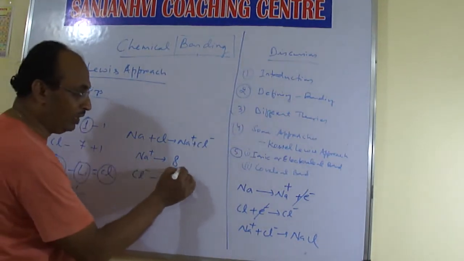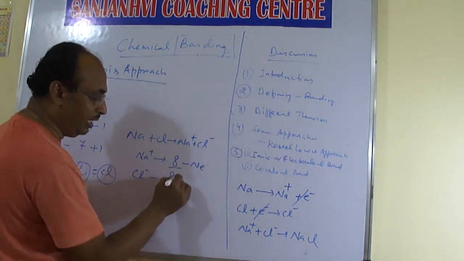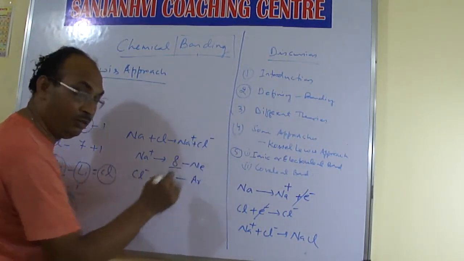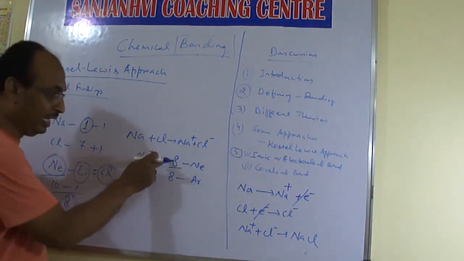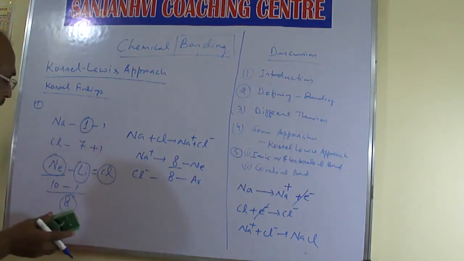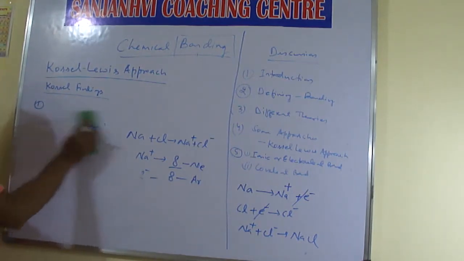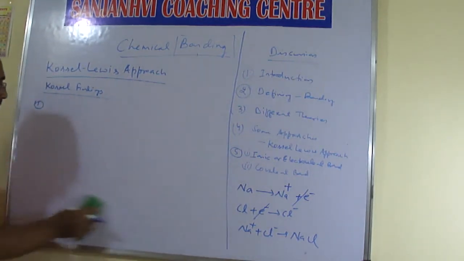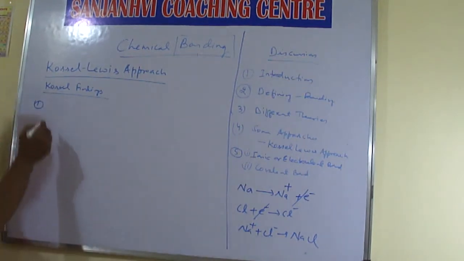Sodium ion matches the configuration of neon, and chloride matches the configuration of argon, but 8 electrons both of them have got. So it means the most electropositive elements of group 1 and the most electronegative elements of group 17 are separated by noble gases. Correct?